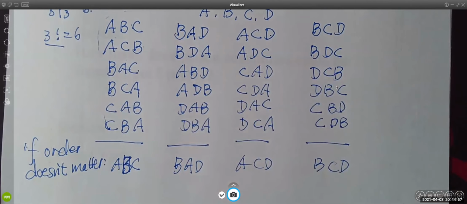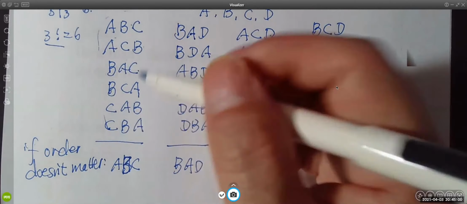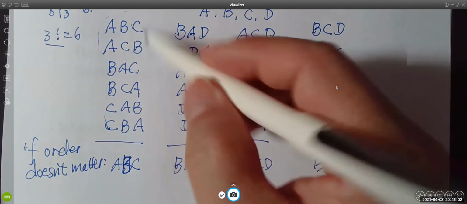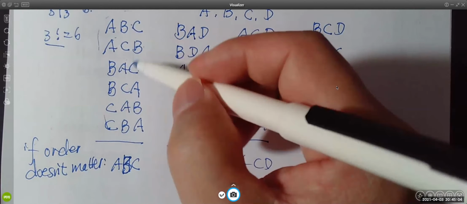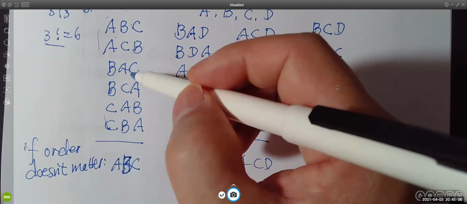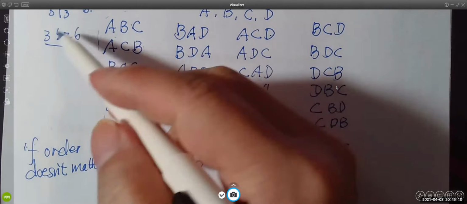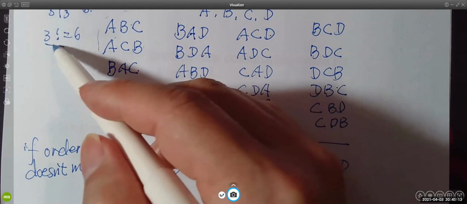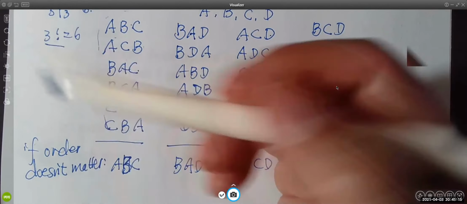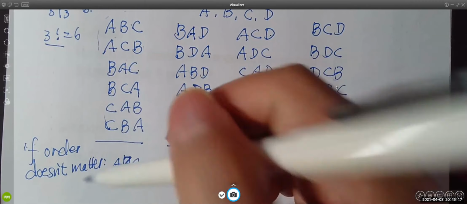Divided by that. What divided by that? We use the original one. If this 6 means order matters, that's a permutation result. We use the permutation result divided by the factorial of the number of selected items. That will give us the combination result.